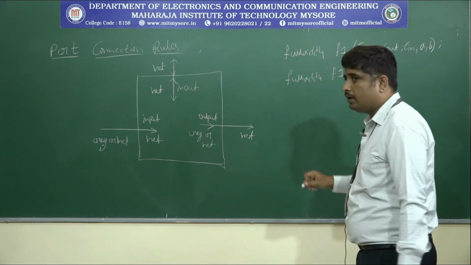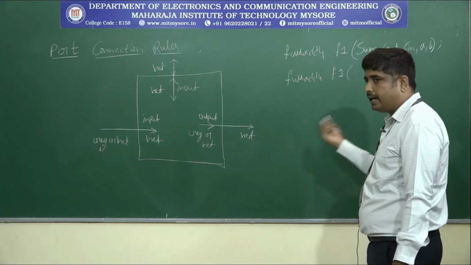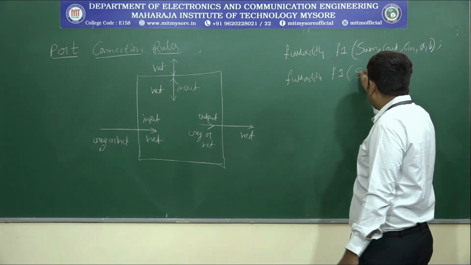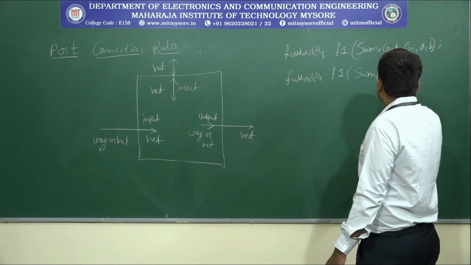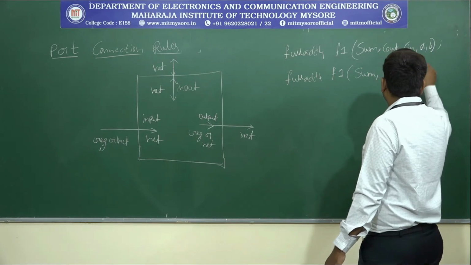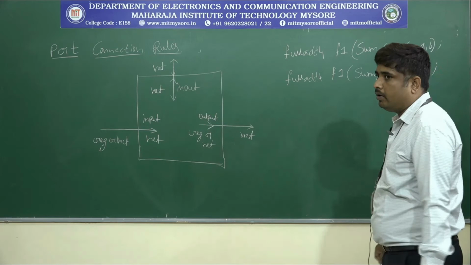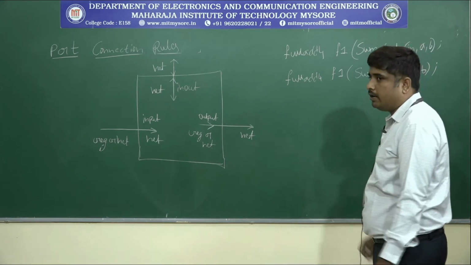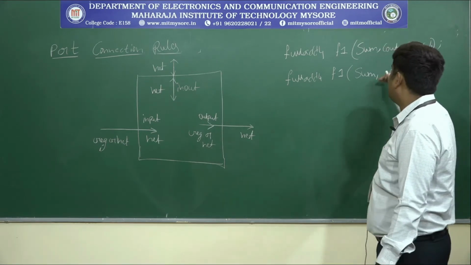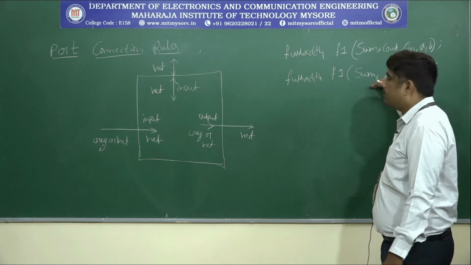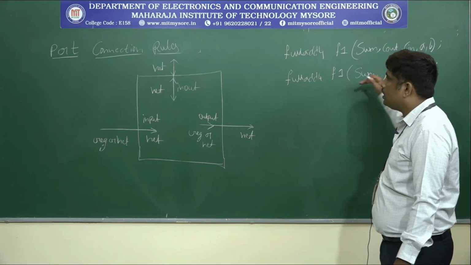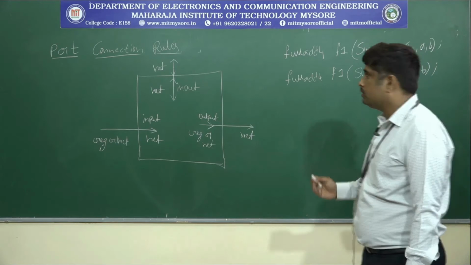Let us assume Cout is the unconnected one. Then this can be written as sum comma Cin, A comma B, with no Cout representation here. So it is optional, and sometimes it is required. That is unconnected ports.